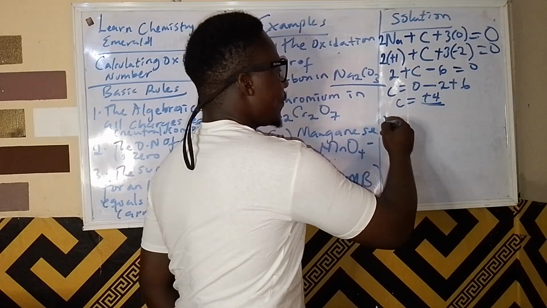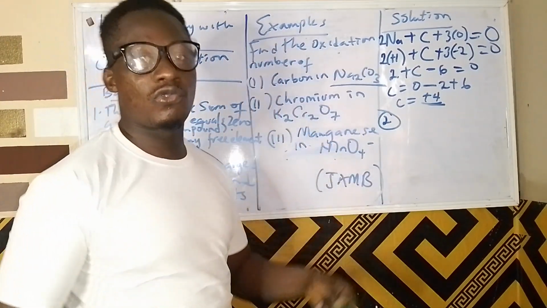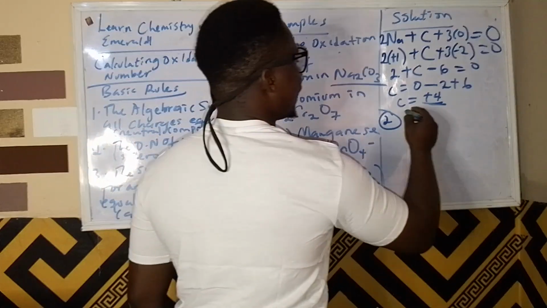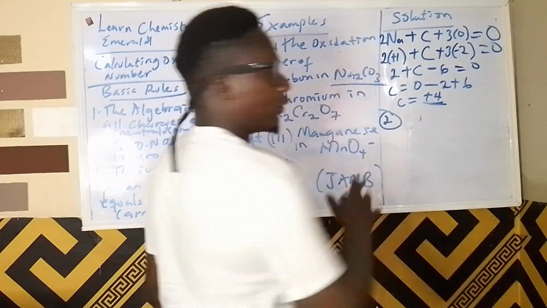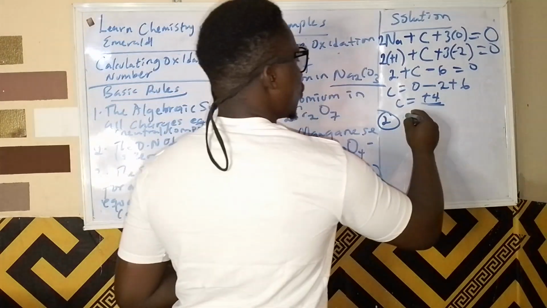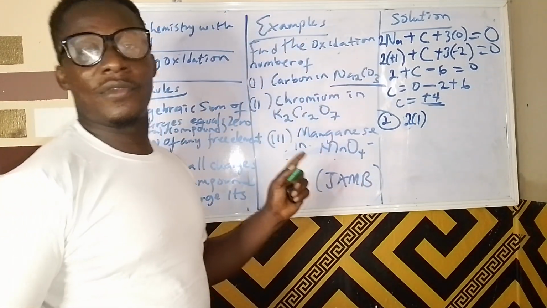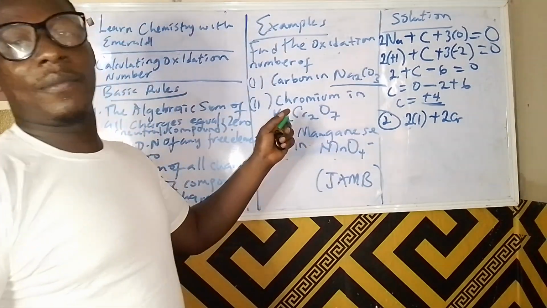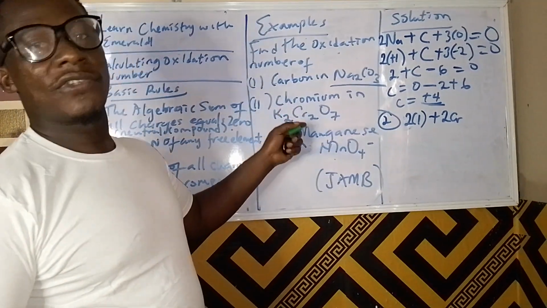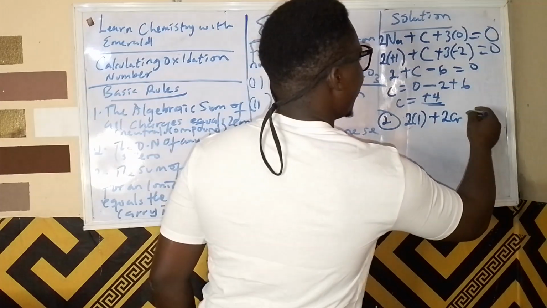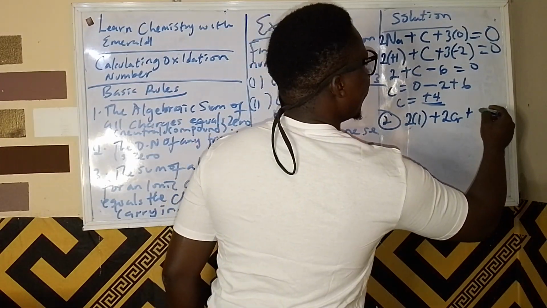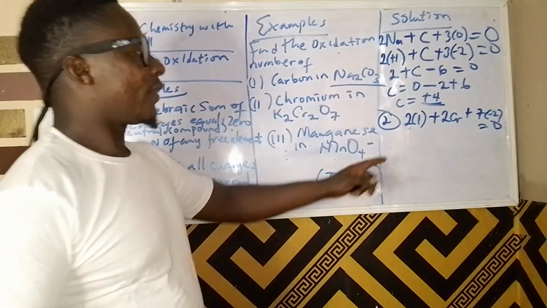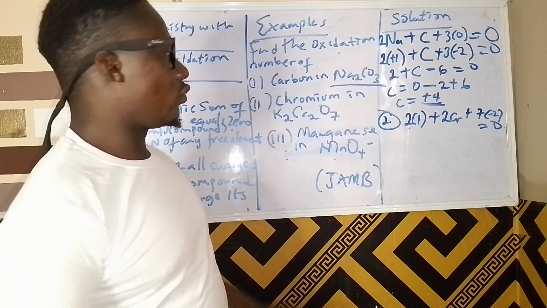Number 2, we look at K2Cr2O7. Now the same principle applies. You are going to have 2K, so I will just read directly now. 2 in brackets 1, because potassium is 1, plus 2Cr, because chromium is Cr, then plus 7 in brackets -2, everything equal to 0, because oxygen is -2 and it has 7 here.